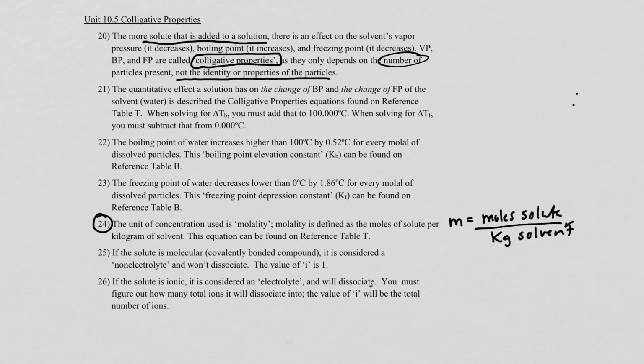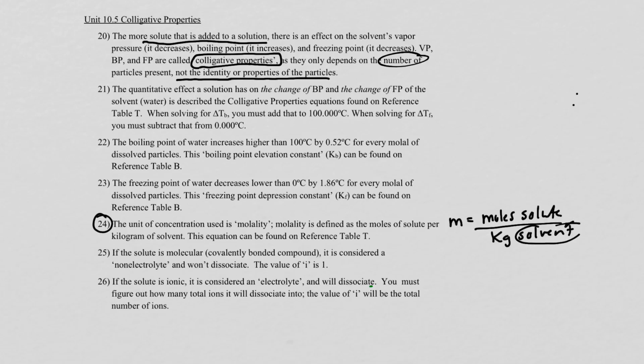When you are talking about the changes in boiling point and freezing point, we're talking about the change in the freezing point of the solvent, the water, and changes in the boiling point of the solvent, the water. So we need a unit of concentration based on the mass of the solvent, not the solution. That's what we're going to be using as our unit of concentration when we do our colligative property calculations.